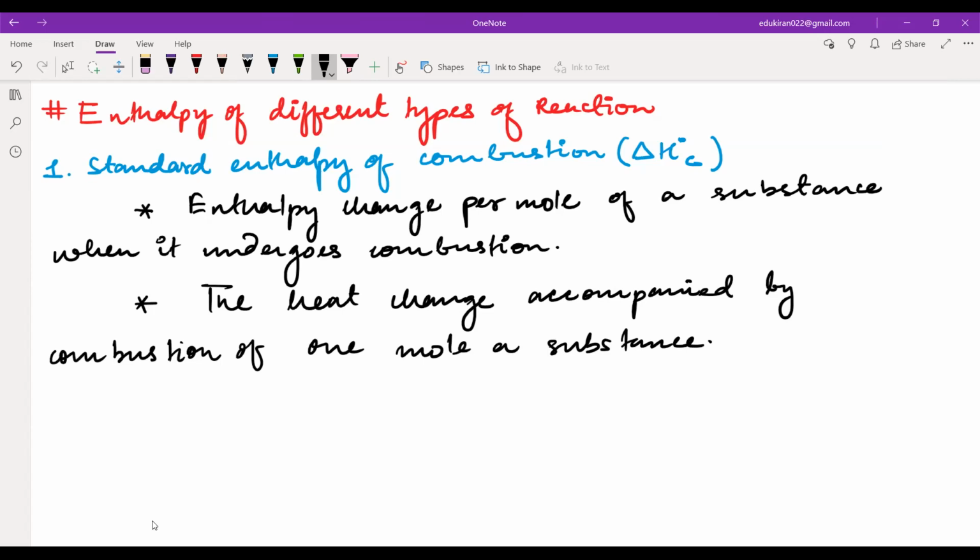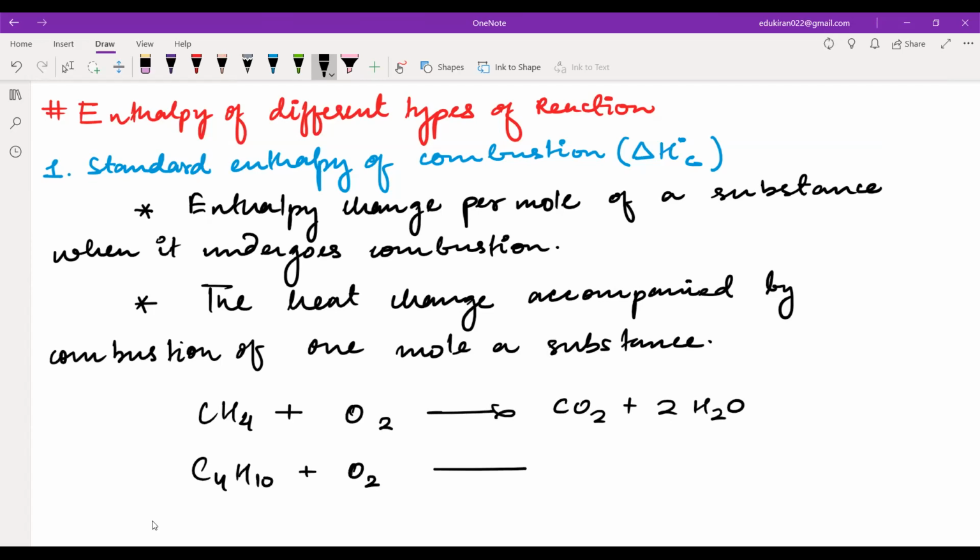For example, to start with, CH4 plus O2 is going to give you CO2 plus 2H2O, right? So this is a reaction that corresponds to enthalpy of combustion. You can also have C4H10 plus O2, which again gives CO2 plus H2O.